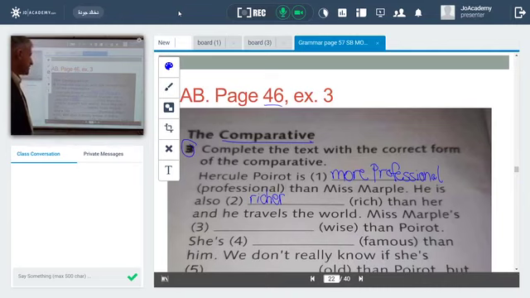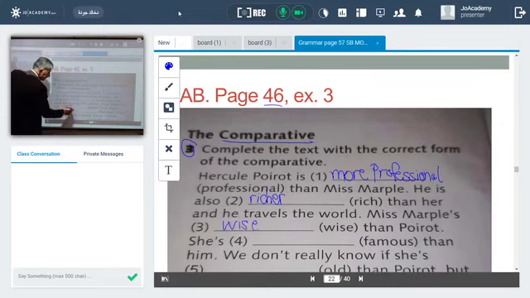Miss Marple is blank wise than Poirot. Miss Marple is wiser. She is wiser than Poirot.